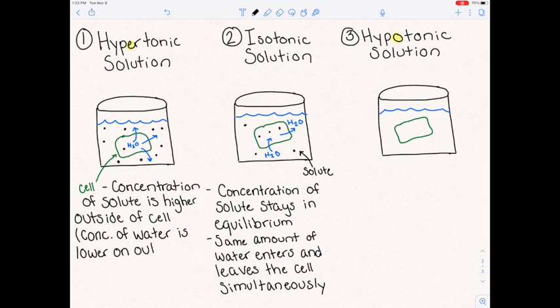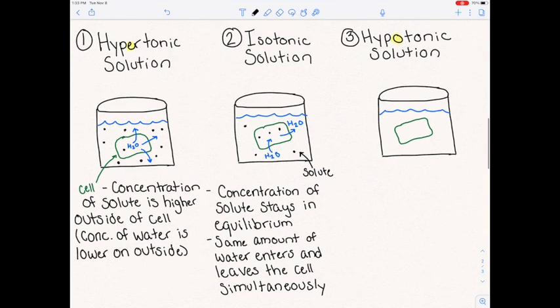So water moves down its concentration gradient, and we say that water moves out of the cell. If we wait long enough and enough water is pulled out, our cell will start to look kind of shriveled up. So instead of being a nice plump square, it's a little bit of a hot mess.